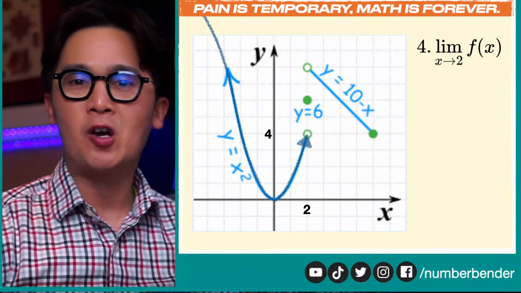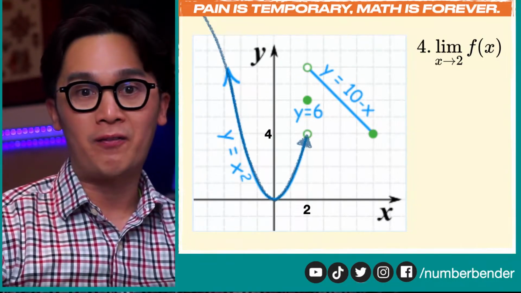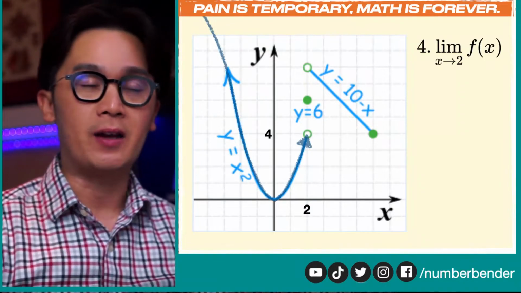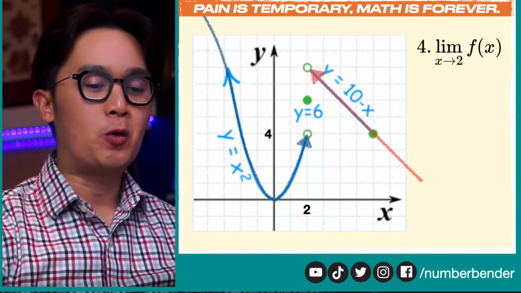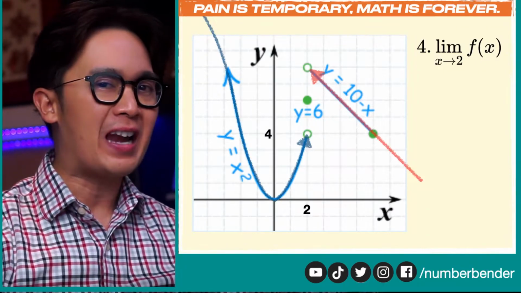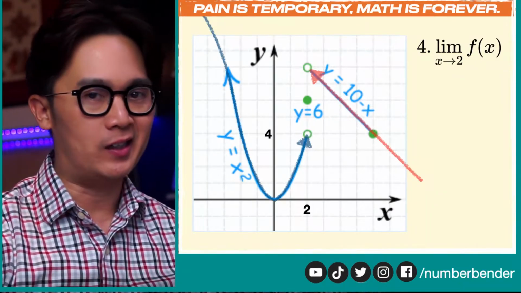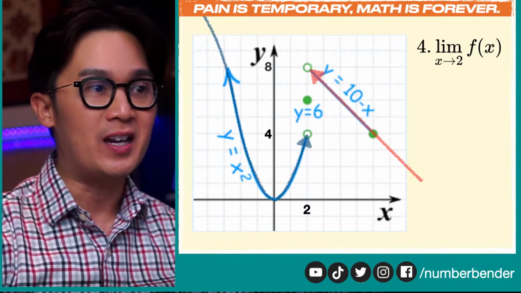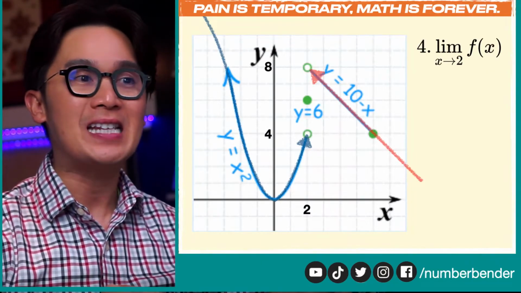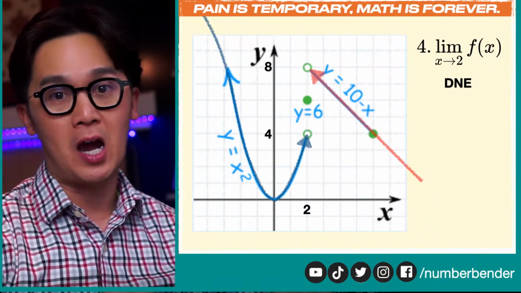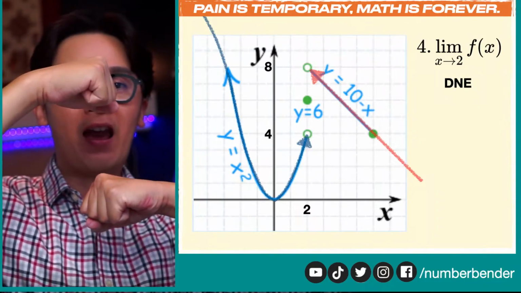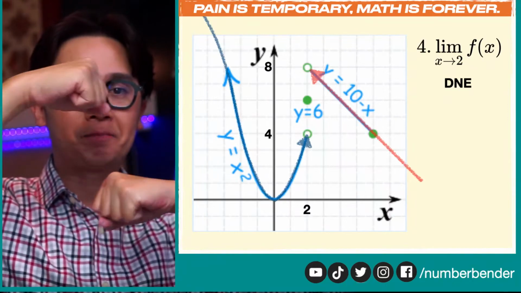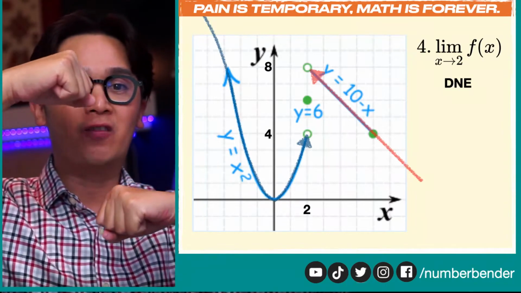Now let's see if it's also approaching y equals 4 from the other direction. And coming from the right, our y is approaching a different height in this particular piecewise defined function, and it's at 8. And when this happens, our limit does not exist because the behavior of the function from the left and from the right is approaching a different value of y.